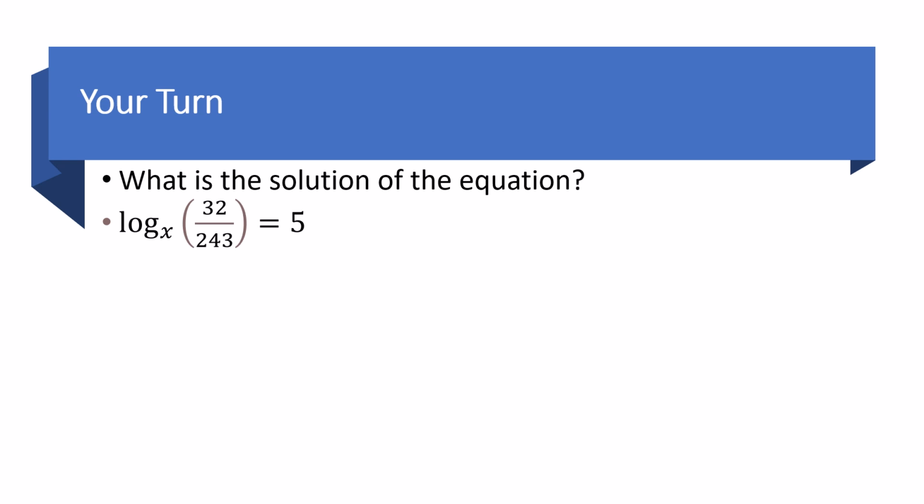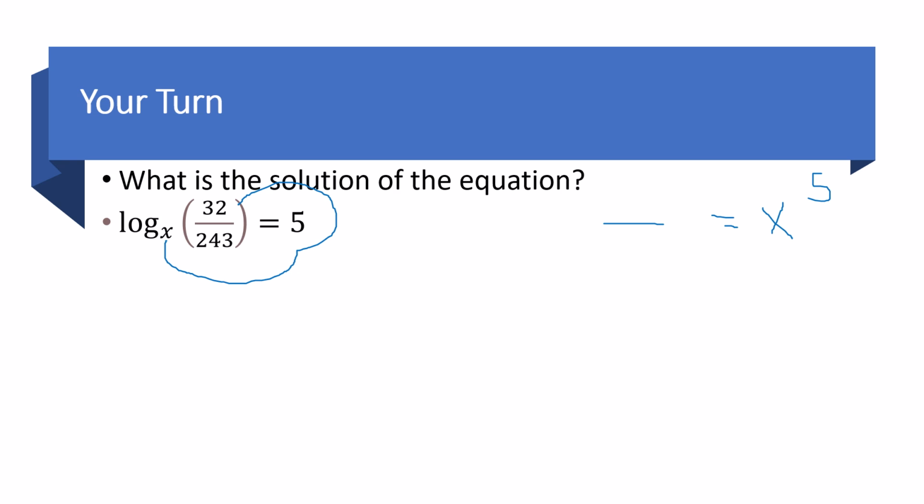All right, what is the solution to this equation? Same kind of problem. X to the 5th power equals 32 over 243. So what we're thinking is what number raised to the 5th power gives us 32 over 243.